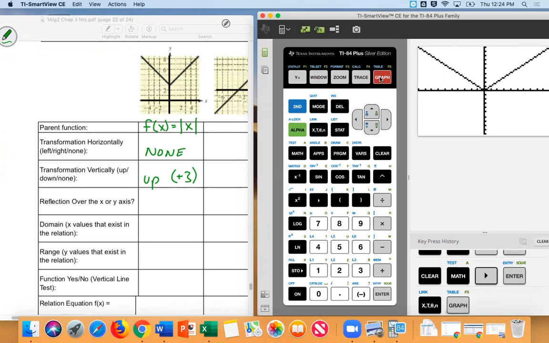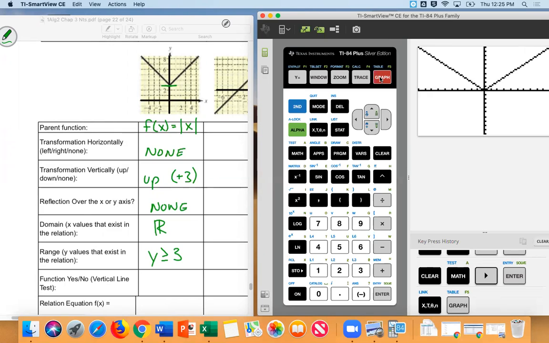No. They're both still opening up. Domain. Okay, notice I can plug in any value of x. See how it goes across the entire thing? So that's all reals. My range doesn't go below that, does it? So y is greater than or equal to 3.